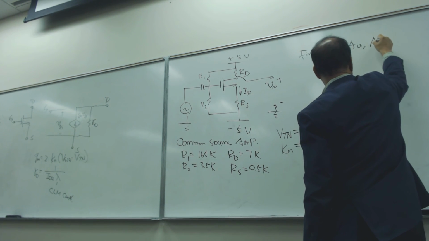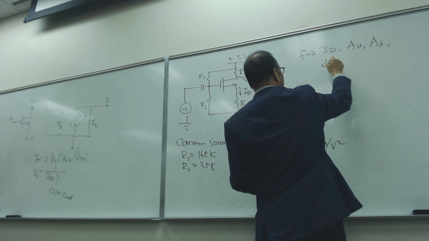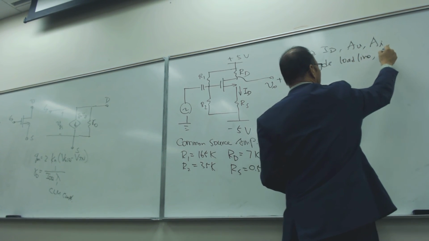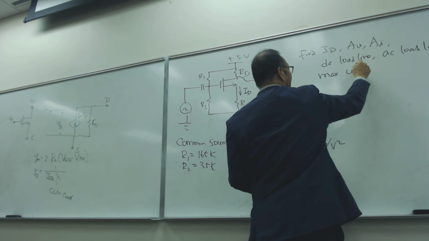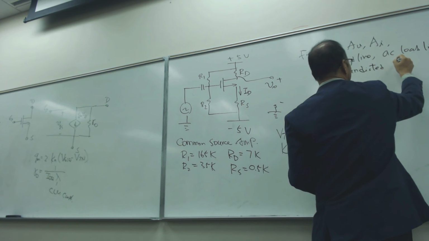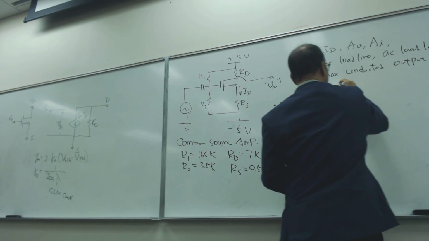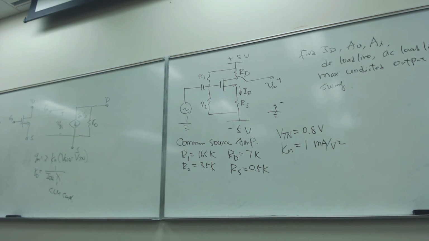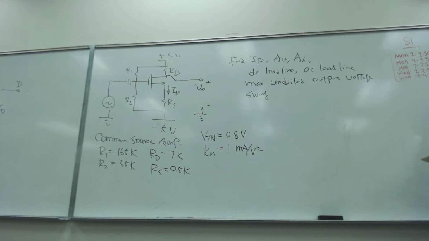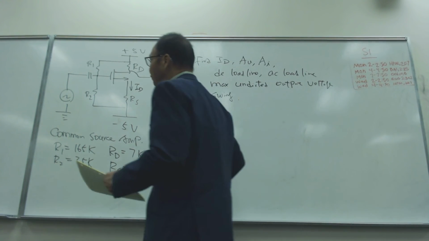Find A sub V, A sub I, DC load line, AC load line, maximum undistorted output voltage swing. Okay, so that's all the information.